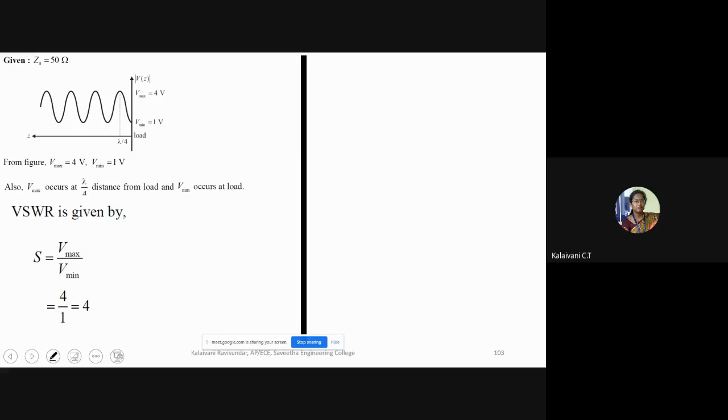Now, after finding S, we'll go for this equation. For ZL less than Z0, what is the condition? S is equal to Z0 by ZL. Now you found S. S is equal to 4. Z0 is given in the question as 50 ohms. ZL is the term to be found.